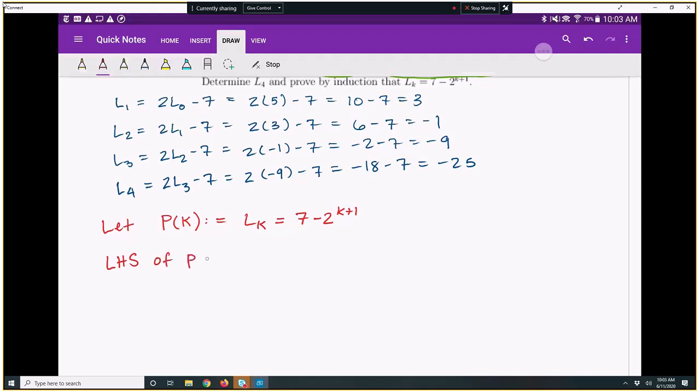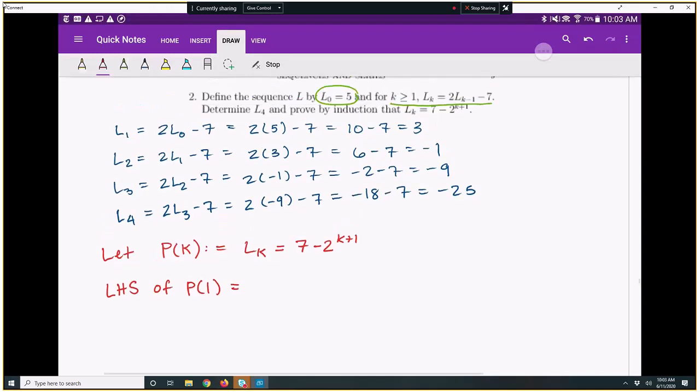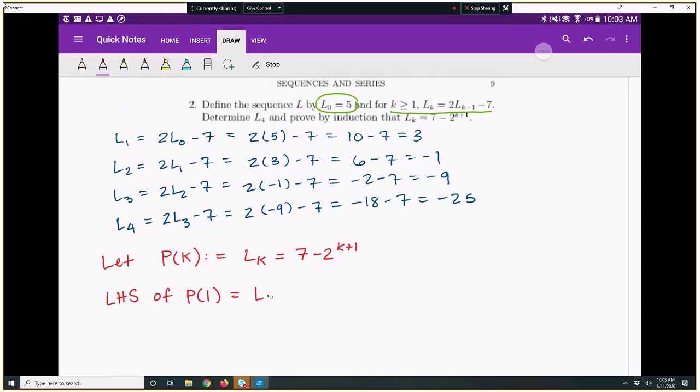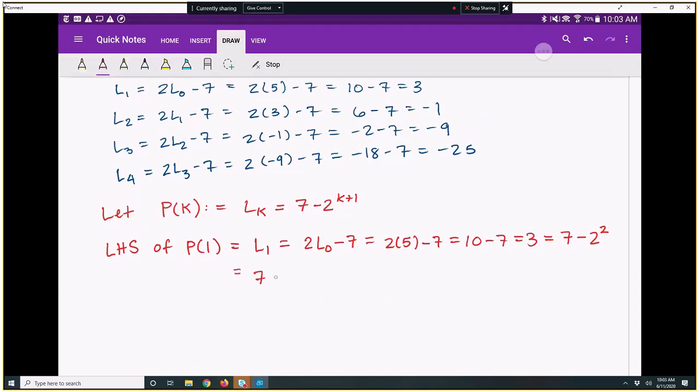Left-hand side of P1, well, that's equal to L1, which by my recursive definition is 2 times L sub 0 minus 7, 2 times 5 minus 7, 10 minus 7 is 3, as we already know, and 3 is equal to 7 minus 2 squared, and that's equal to 7 minus 2 to the 1 plus 1.